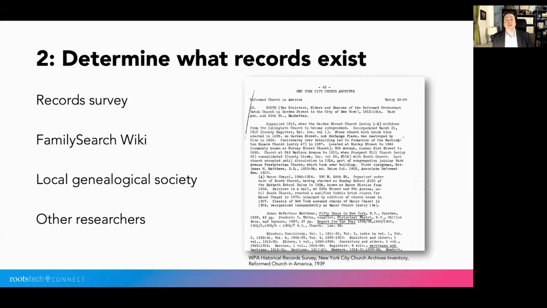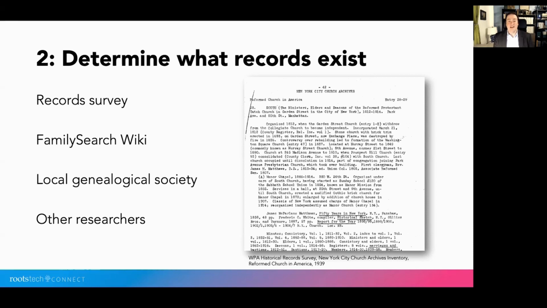It also could be reaching out to a local genealogical society or a local genealogical organization, or even using social media such as Facebook and Twitter and other resources to interact with other researchers to ask them about records that exist for the particular place in which they're researching. The example that you're seeing on the screen is an inventory of Episcopal and Reformed Church records in America from the WPA that was done in the 1930s.